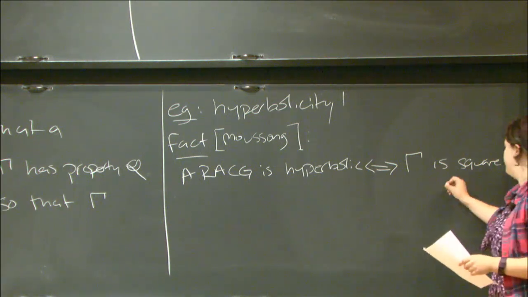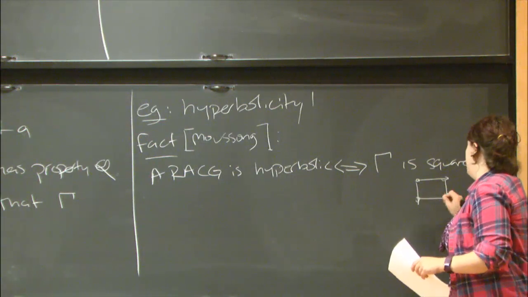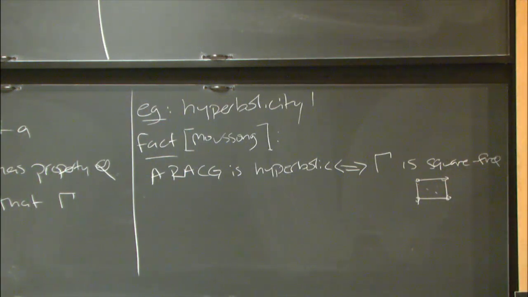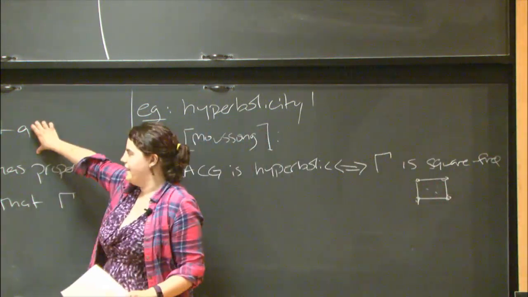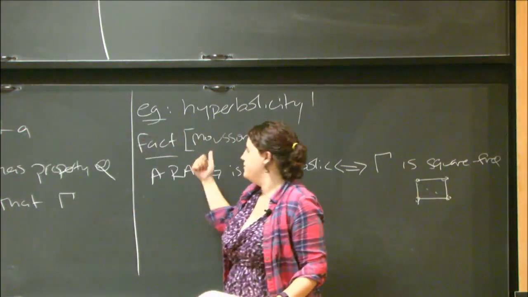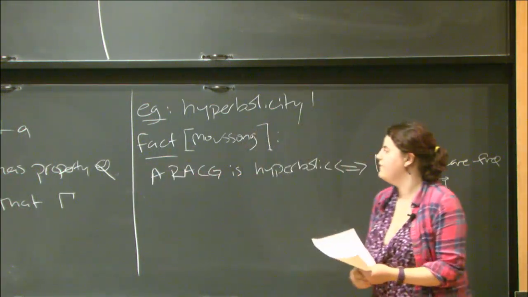This just means your graph can't have an empty square like this, where these edges are missing, and then it's always hyperbolic. So we've identified hyperbolicity as a property we might want, and Moussong helpfully showed that it's equivalent to this property in the graph.